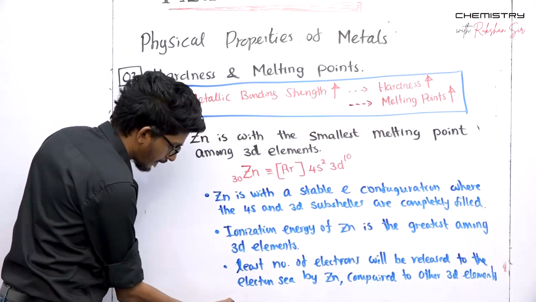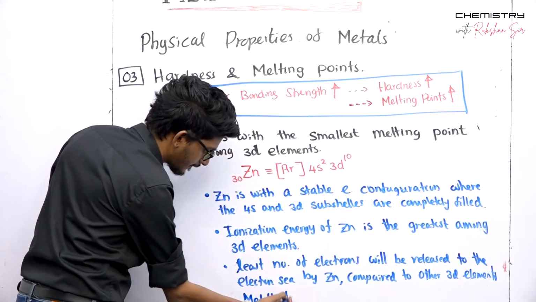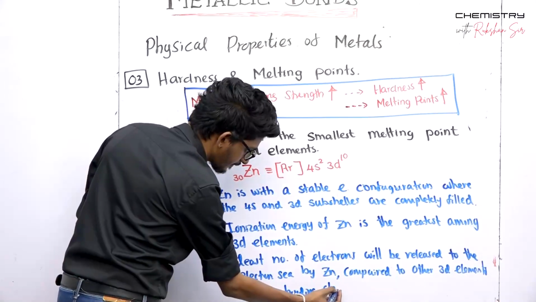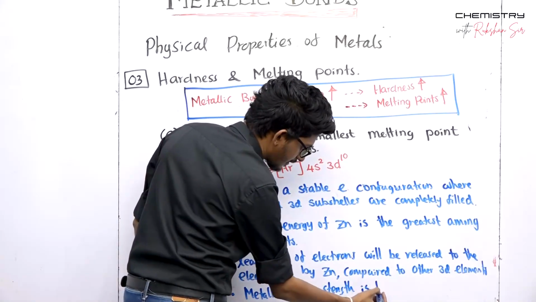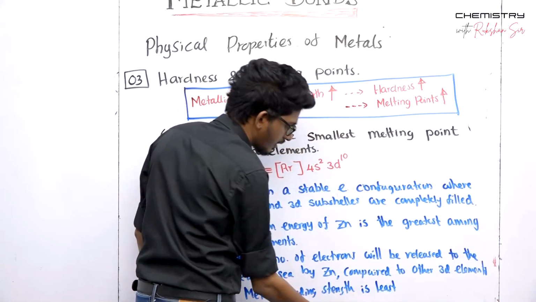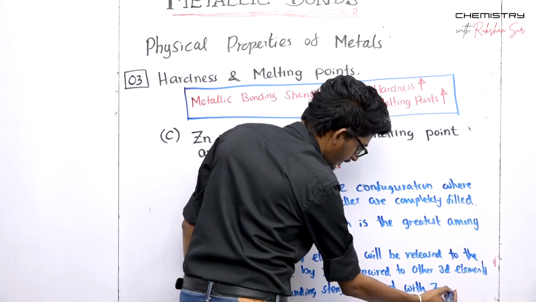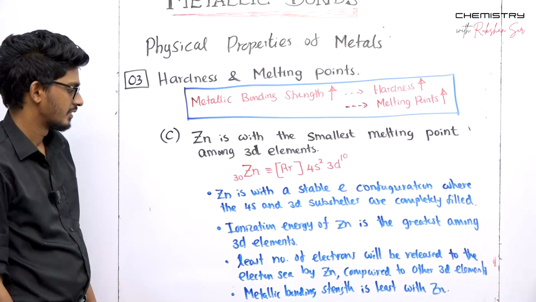So the metallic bonding strength is least with zinc compared to the other 3d elements.